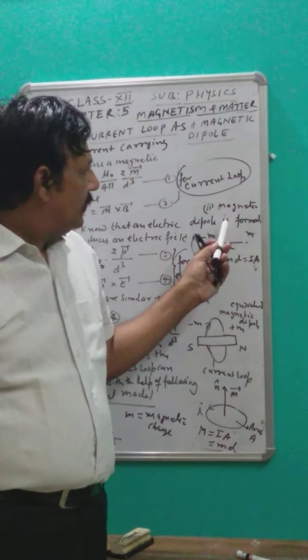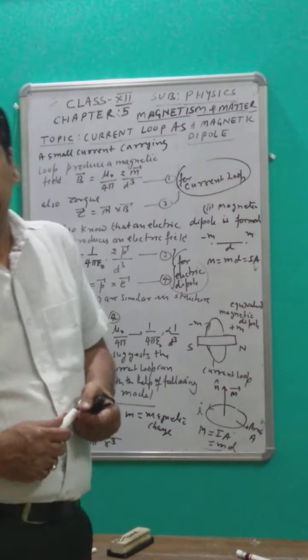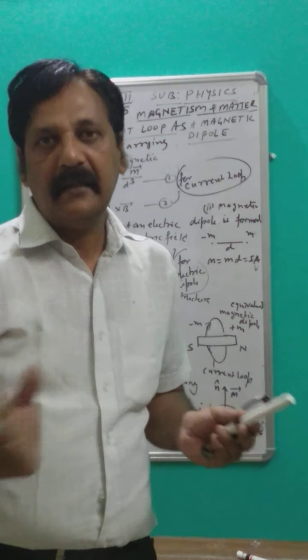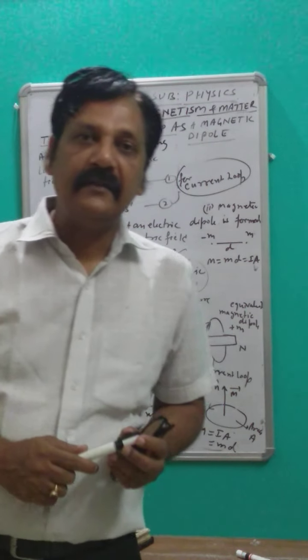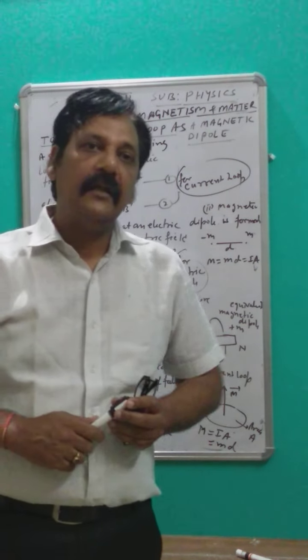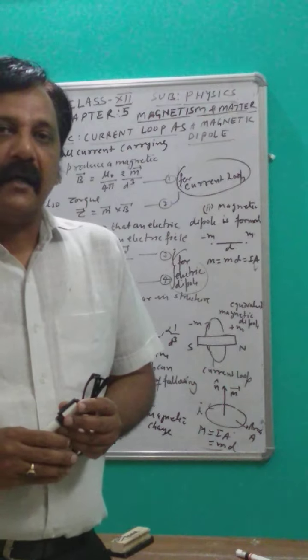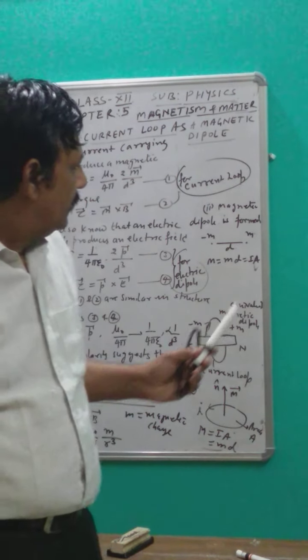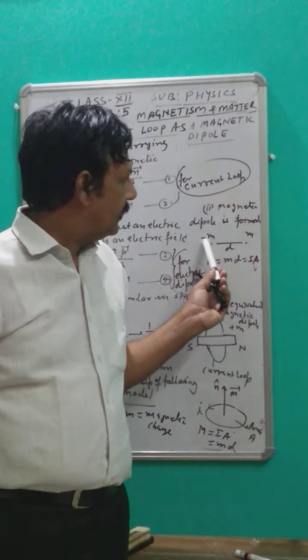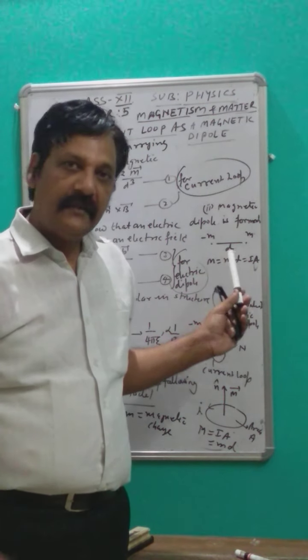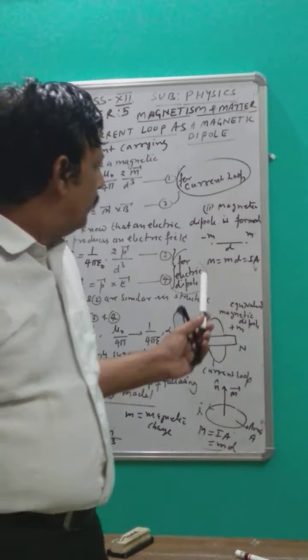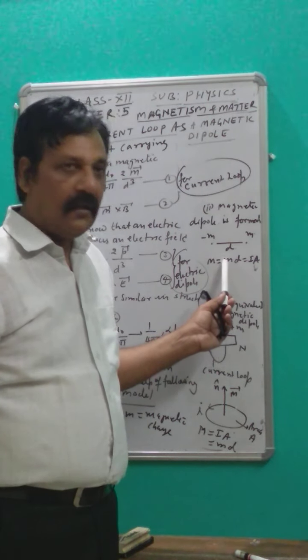Third point is that a magnetic dipole moment is formed. As an electric dipole moment is formed, a magnetic dipole moment is formed when magnetic charges of equal and opposite sign are kept at a small distance. This is the distance between the magnetic charges plus m and minus m. Just like the electric dipole moment, the magnetic dipole moment M is equal to m into d.